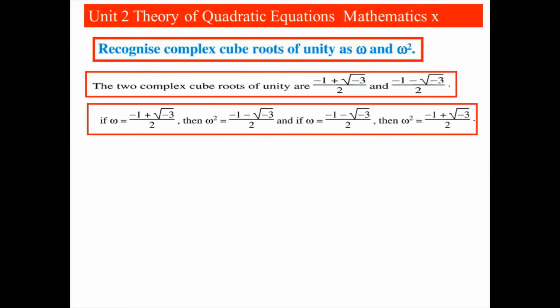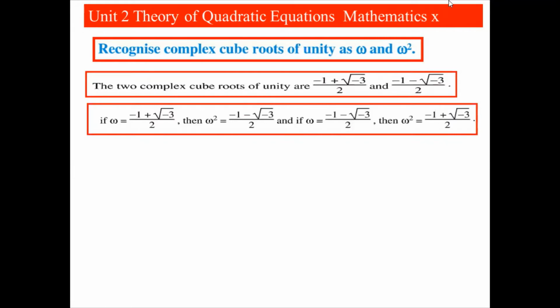The difference between these two roots is that in the first root we have the positive sign between minus 1 and square root of minus 3, and in the second root we have a negative sign between minus 1 and square root of minus 3.